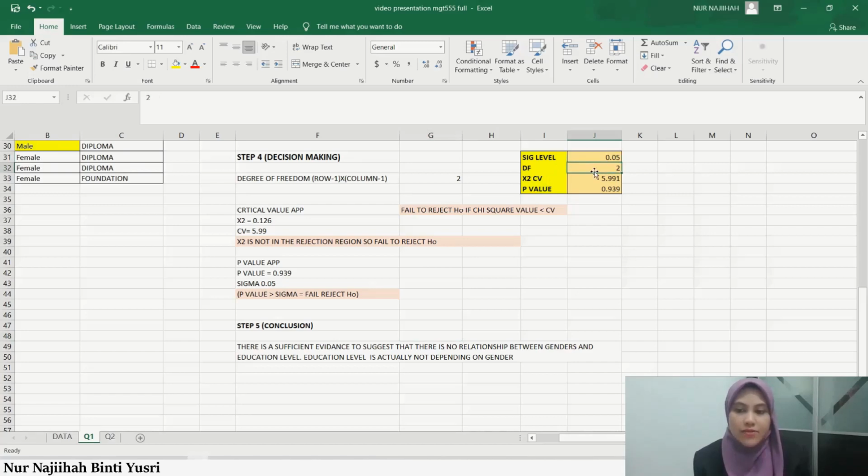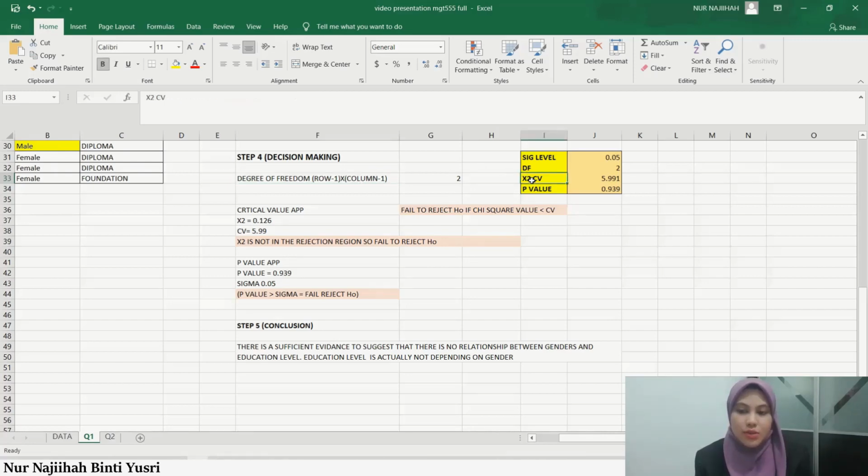The degree of freedom is based on the provided 2 data. The formula for degree of freedom is row minus 1 times column minus 1, which is 2 minus 1 times 3 minus 1, and enter. You will get 2.